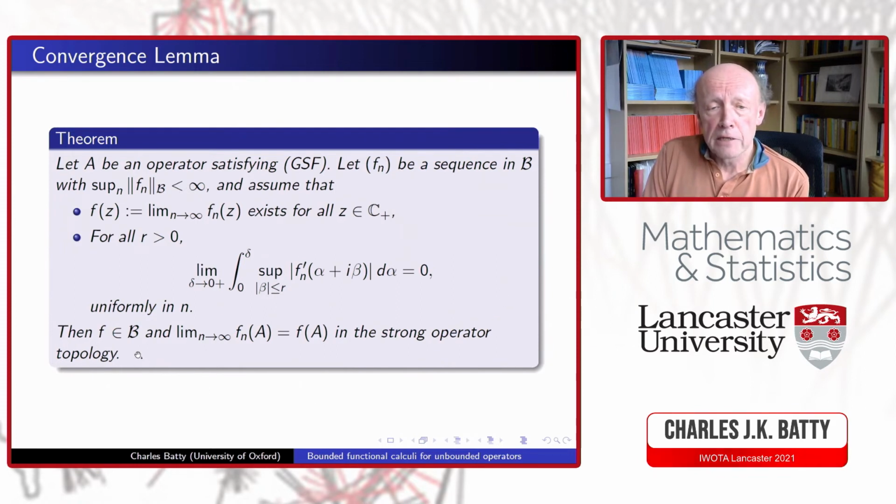Then F is in B, and you get convergence of F_n of A to F of A in the strong operator topology. There's a slightly neater looking convergence lemma for the sectorial calculus, where you don't have a side condition like this, but you have other things coming in. See Haase's book, for example, if you want to know about them.